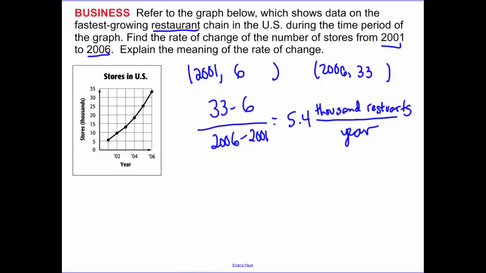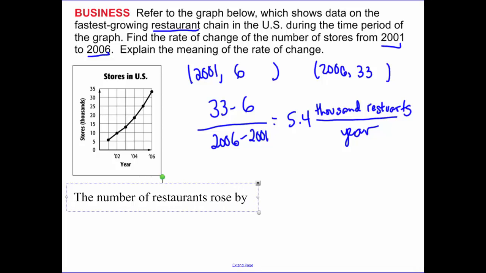Now explaining the meaning. We're going to have to write a sentence about that. The number of restaurants, now I need to figure out whether it rose or declined. We rose by 5.4 thousand.